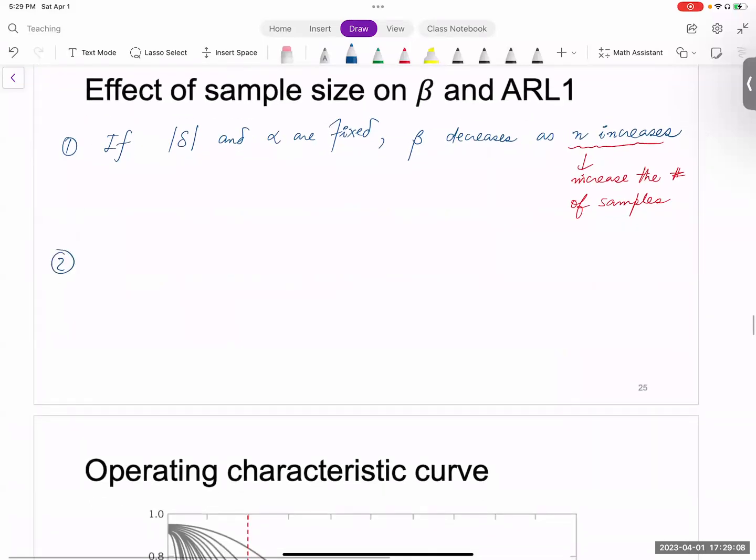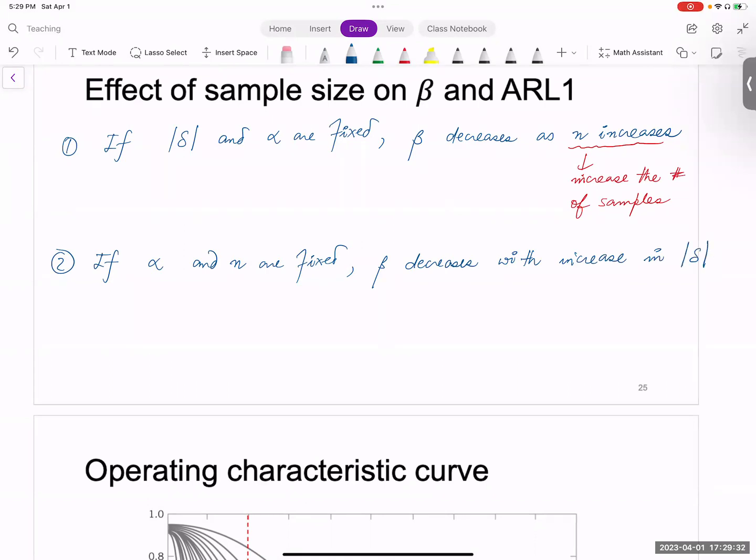Number 2 is if alpha and n are fixed, beta decreases with an increase in the magnitude of shift.